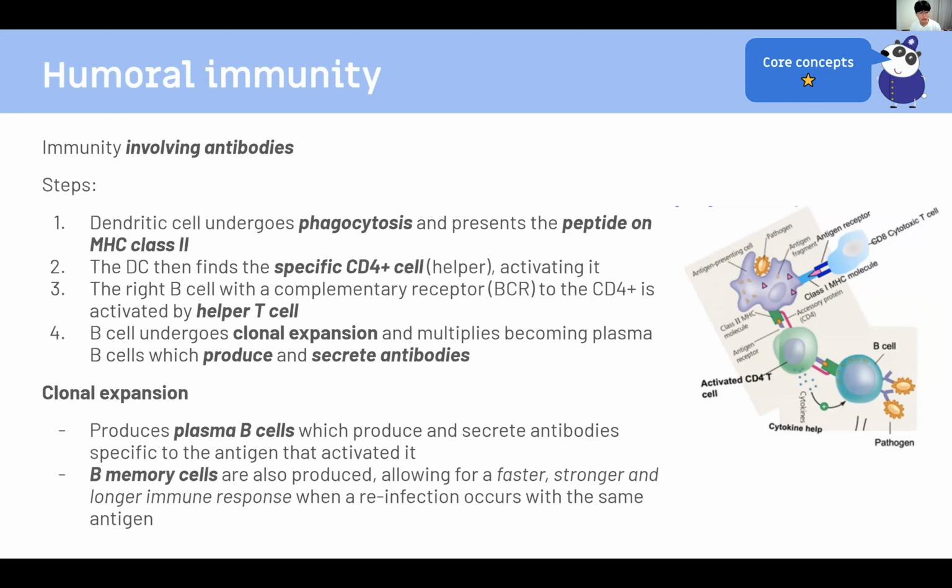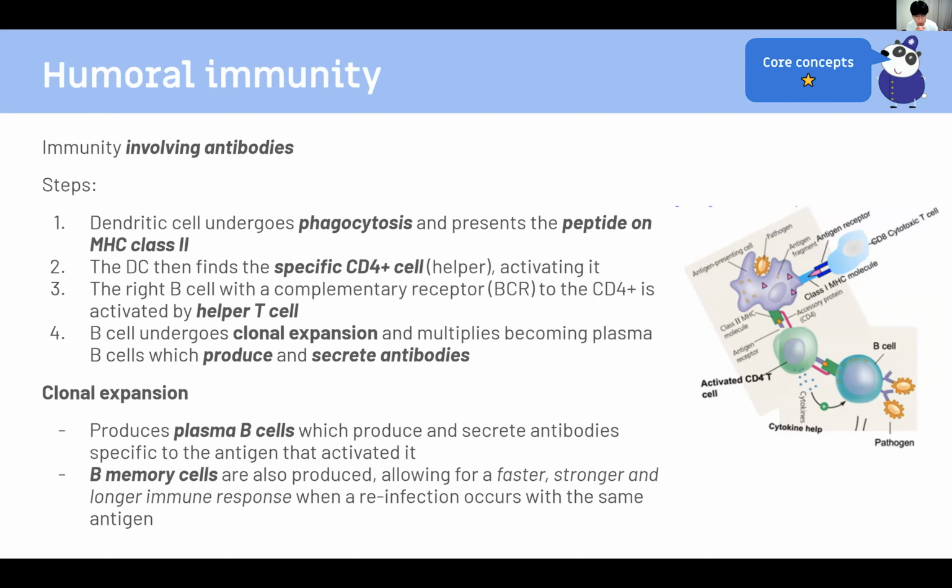Then the right B cell with a complementary receptor, BCR, which basically means the B cell receptor, binds to the CD4 plus, the specific CD4 plus that was activated. This will activate it with the help of the helper T cells.